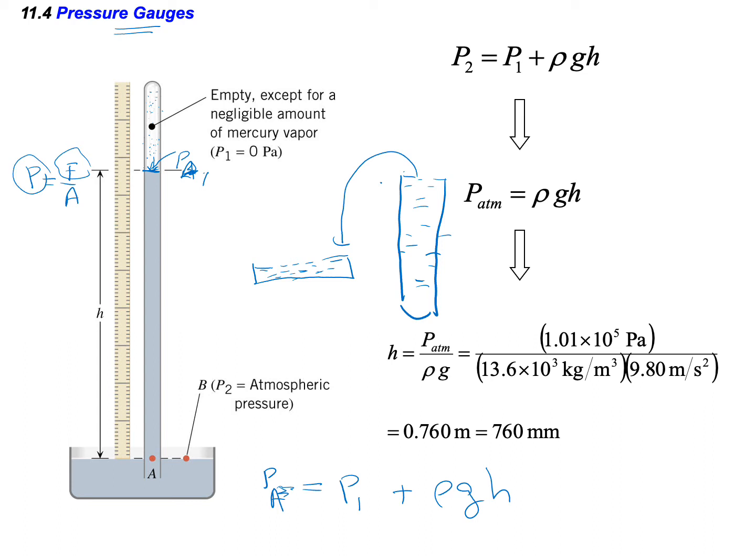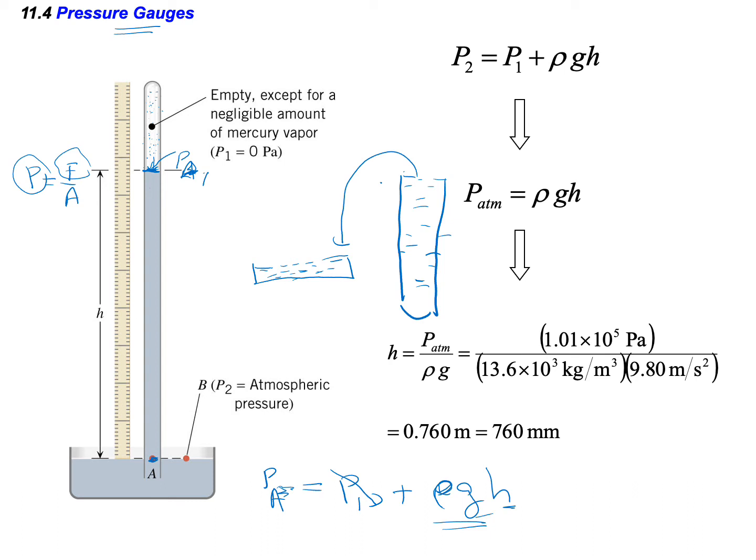So the pressure on top from this empty space is 0. Therefore, this term is 0. So basically, pressure at the bottom A is the density of the fluid, rho, times G times the height, rho GH. So if you use mercury, we use the density of mercury, which is 13,000, and the gravity and the height.